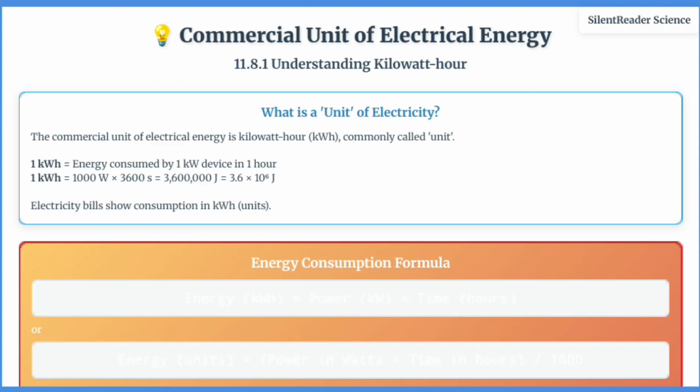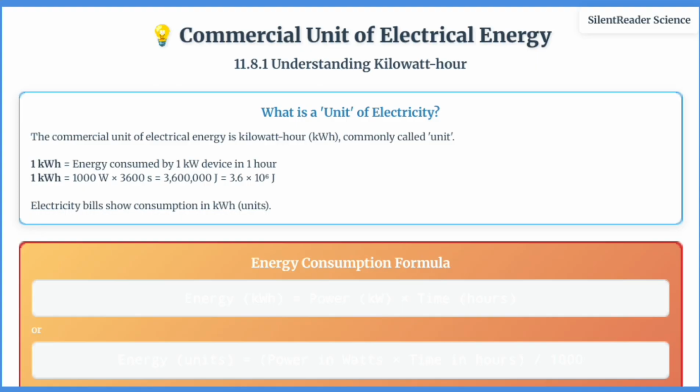Electricity bills show consumption in kilowatt-hours. To calculate energy consumption, we use the formula, energy in kWh equals power in kW times time in hours. For example, a 100-watt bulb used for 10 hours consumes 100 times 10 divided by 1000 equals 1 unit.